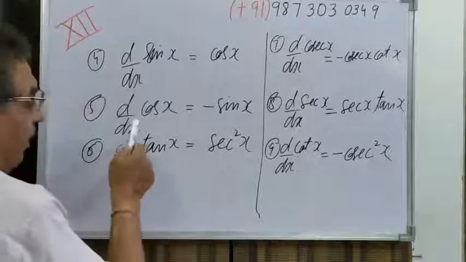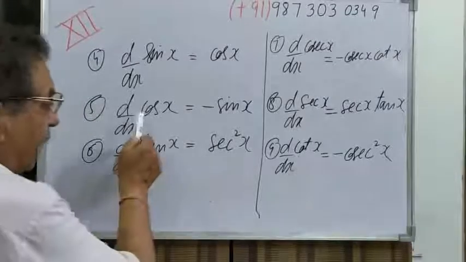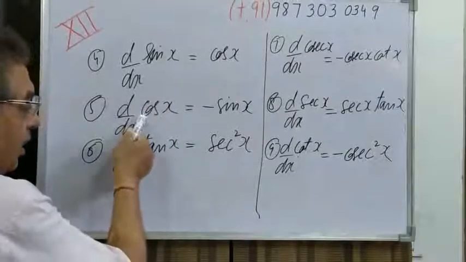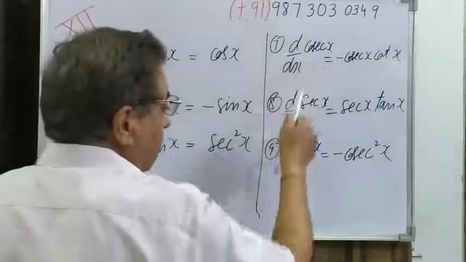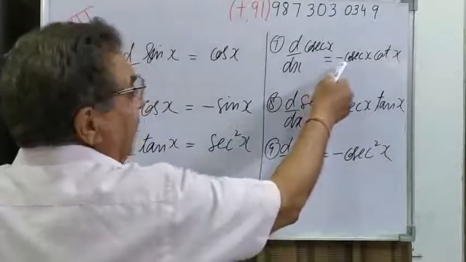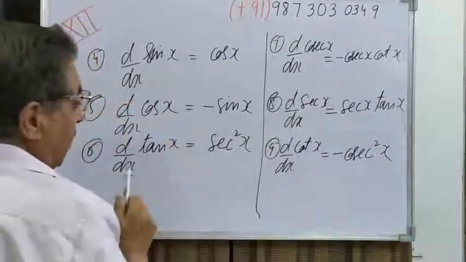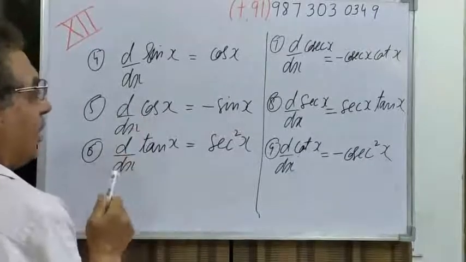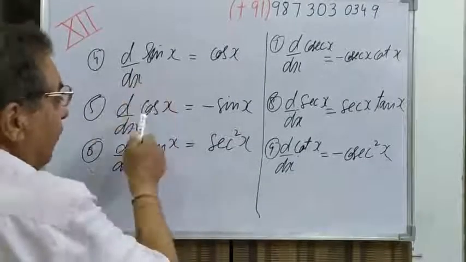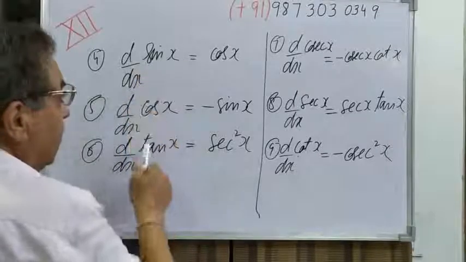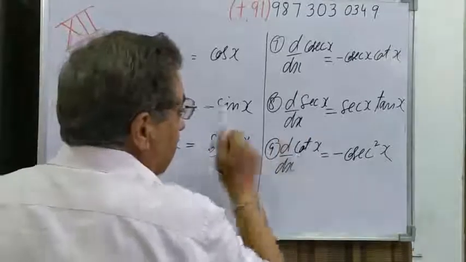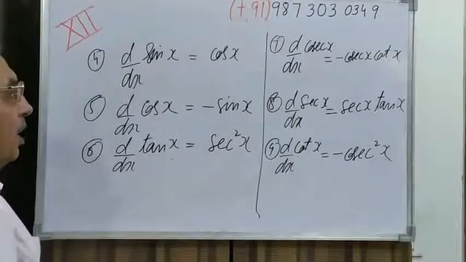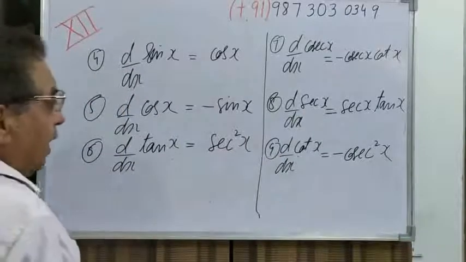Whenever we have to find the derivative of any trigonometric ratio starting with the English letter C, cos, cosecant, cot, their derivative has a negative sign, and those not starting with C, say sine, tan or secant, have positive derivatives.